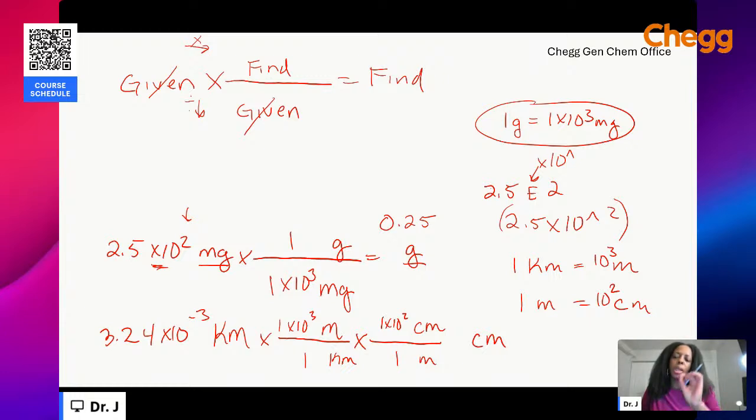Again, I don't need to do EE times 10. The EE represents that. Now I'm going to be multiplying for anything I see on the top. So times 1 EE3 times 1 EE2. Then you would divide by 1, because those are both on the bottom. And so what that ends up getting is 324 centimeters. Okay.